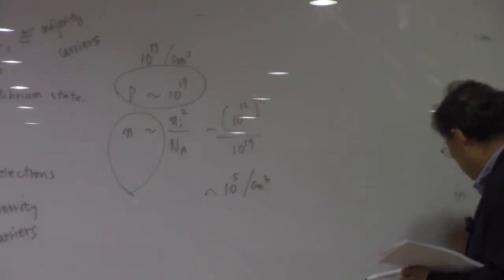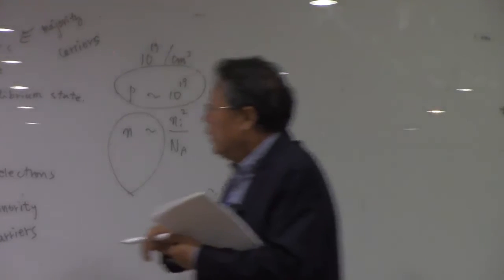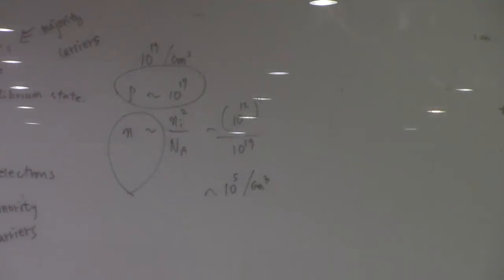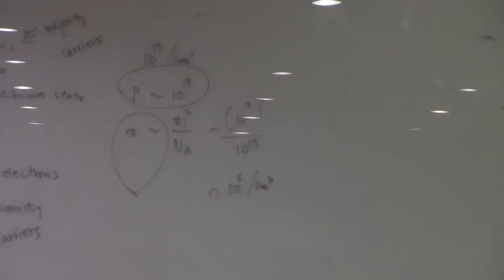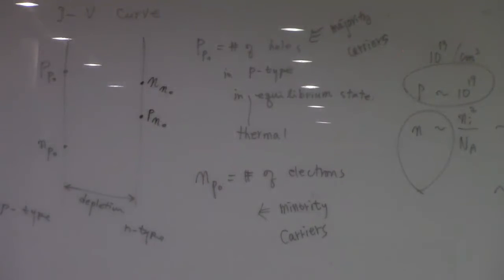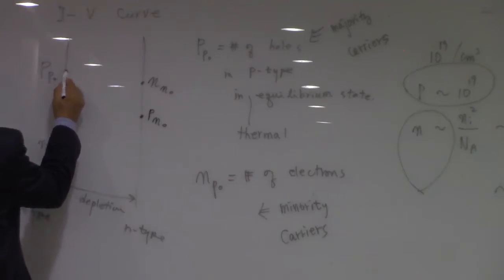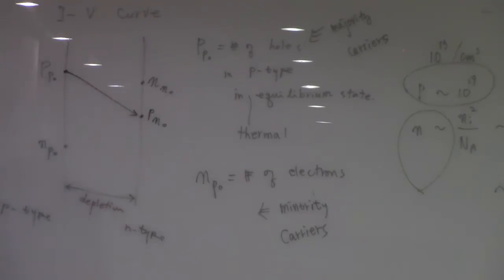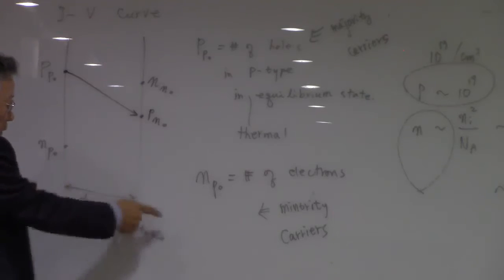Okay, and in the N-type, let's suppose we have the majority carrier in an N-type silicon like this, and the minority carrier P_N0 somewhere like this. Now if it is in equilibrium, somehow the number of holes here is going to change to this number across this junction.